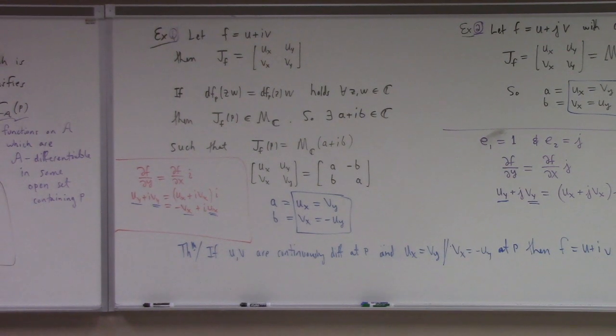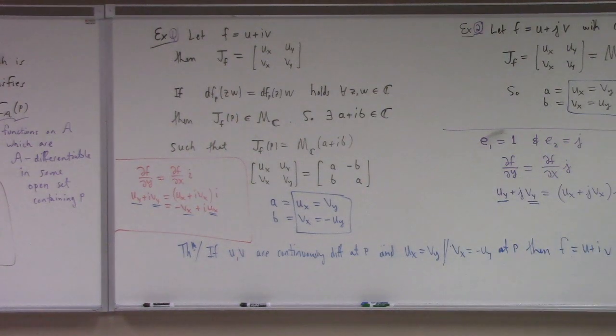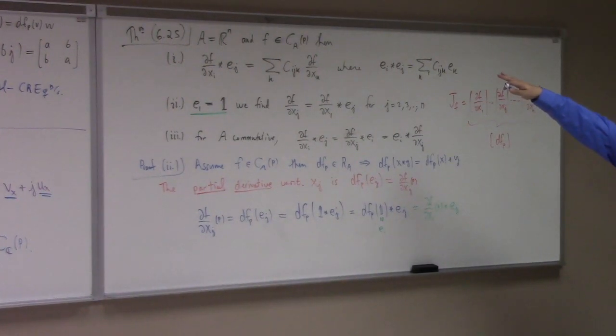Now, part 3 is proved by a very similar calculation. Like the proof of part 2, you can almost see it from what I wrote down. I'll let you look at the notes. The proof of part 1 is technical, but who cares? I mean, I don't even use 1 in here, but I would state it for your reference, because some people like to think about the generalized Cauchy-Riemann equations like this. By the way, a lot of times people say the A-Cauchy-Riemann equations are the generalized Cauchy-Riemann equations because Cauchy-Riemann is just the complex case.